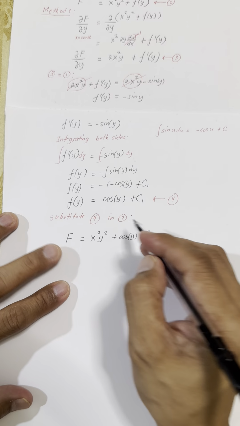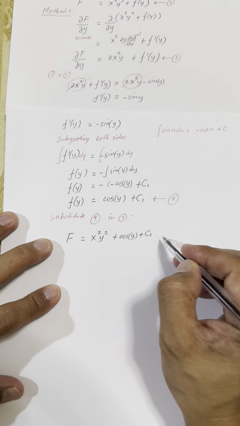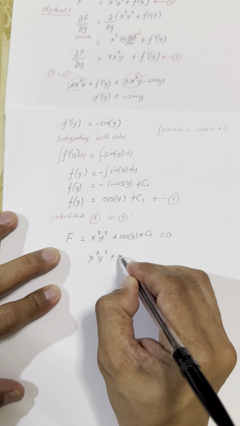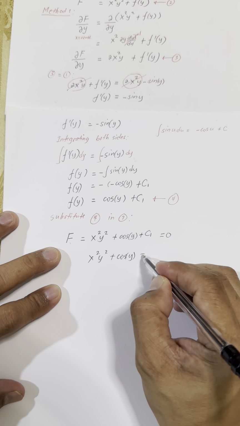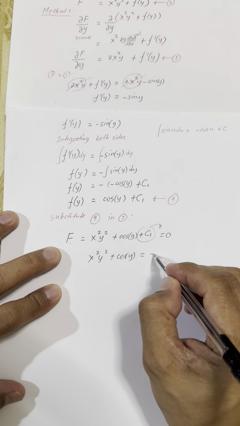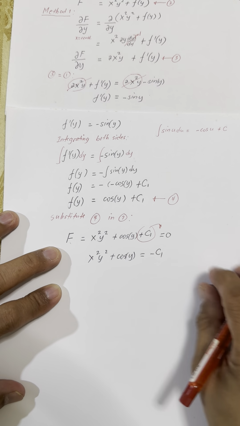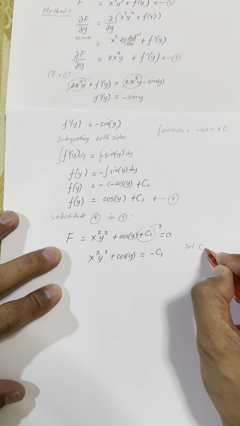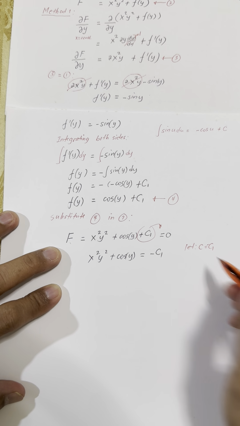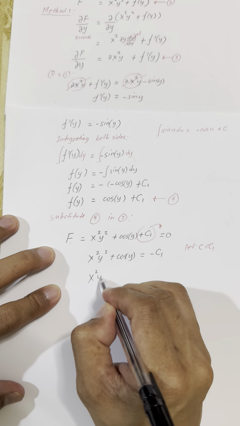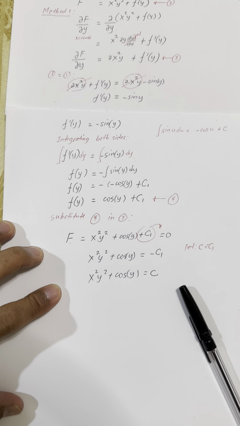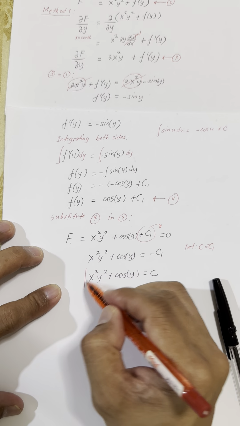Okay, and take note that this is equated to 0, so x squared y squared plus cosine y equal to, you transpose this to the other side, so this becomes minus c1. Then we let c equal to negative c1, so therefore we have x squared y squared plus cosine y equal to c. Okay, so this is our equation.